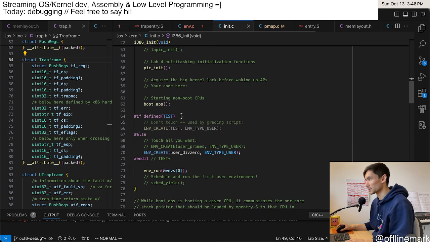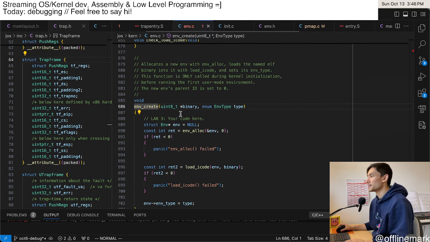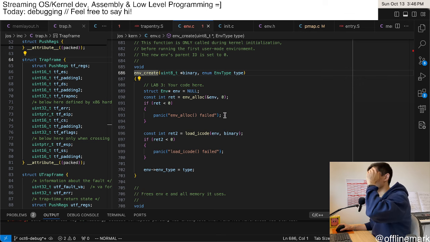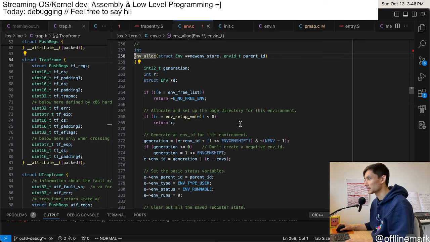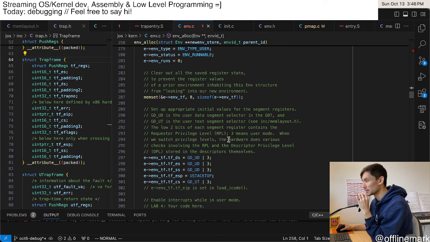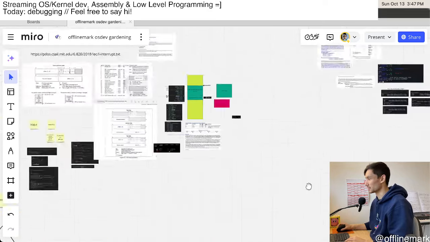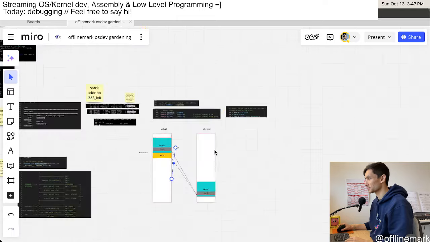Env create. So something about here in env create. Yeah, env alloc. Here we go. We set up the trap frame and we point to U stack top, right? So that's also just a key moment as far as the story of the stack goes.